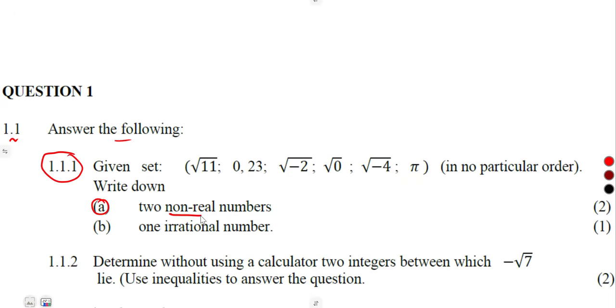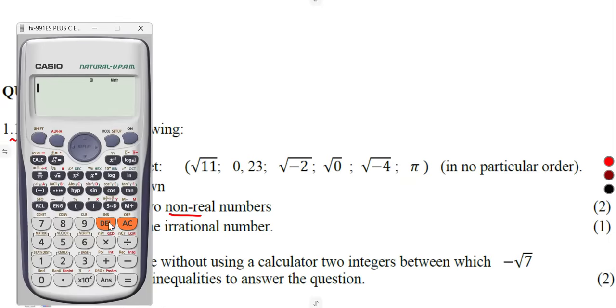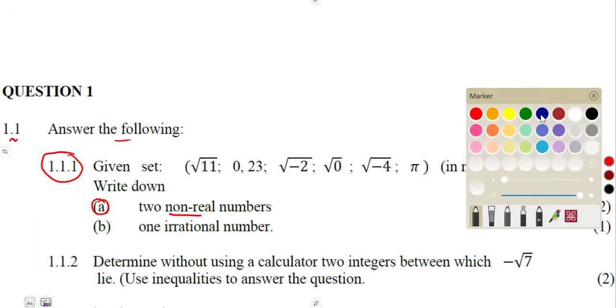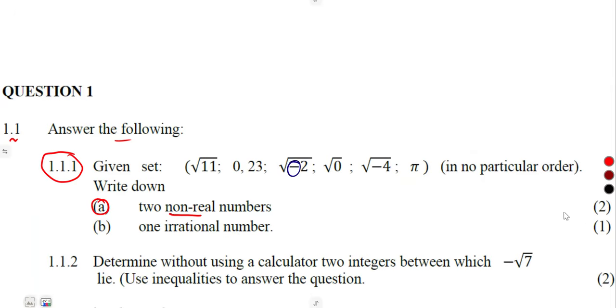Non-real numbers are those numbers that we cannot evaluate or simplify, such as the square root of negative values. Those are non-real, they do not exist. So we had the square root of negative 2 and the square root of negative 4. Those are non-real, they cannot be simplified.